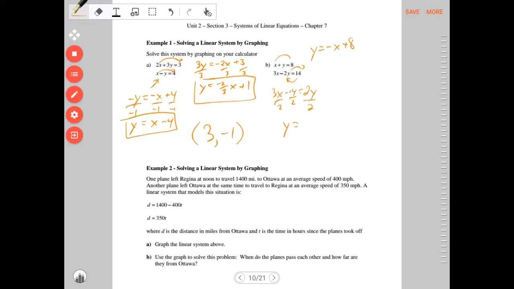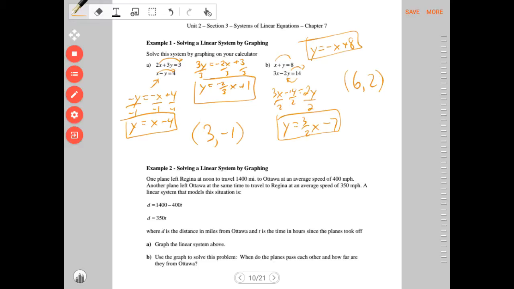So y equals 3/2 x, and then 14 over 2 is -7. There is the second equation. Then we graph both of those on our graphing calculator, and following the procedure from the last page for the intersection point, we get an intersection point of (6, 2). The only thing you might have to worry about is changing the window. The next example actually shows how to do that.